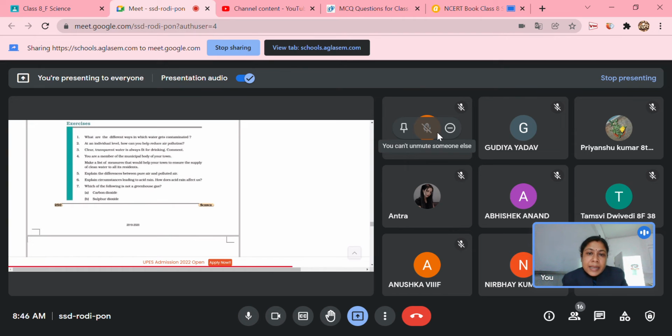Mostly the examples are algae. Again this flora will take out the dissolved oxygen, and it will cut the source of oxygen getting dissolved in water, and also cut the source of sunlight, and ultimately it again pollutes the water and the aquatic life underneath. So this is called eutrophication.